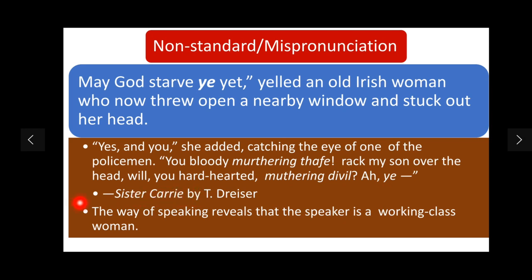So the way of speaking revealed that the speaker is a working class woman. And we can't expect a working class woman to speak with a standard pronunciation. So if a pronunciation is non-standard or a character mispronounces, it means that the speaker is not highly educated.